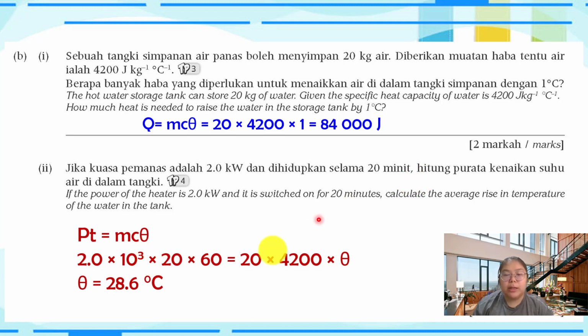Time taken is in minutes, so convert to seconds. The mass is 20 kilograms, and this one is 4,200, the specific heat capacity. The temperature change we don't know, so we find it from the power. We get the temperature rise is 28.6 degrees Celsius.